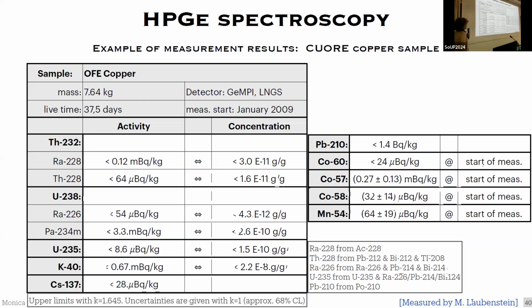This was with less than 8 kilograms. What I find interesting in this measurement are all the cosmogenic activation products of the copper that you can see here. Cobalt-60 was only an upper limit, but you see cobalt-57, cobalt-58, and manganese-54. By the way, manganese-54 was present at the start of the measurement of CUORE in our spectrum and was coming from copper.